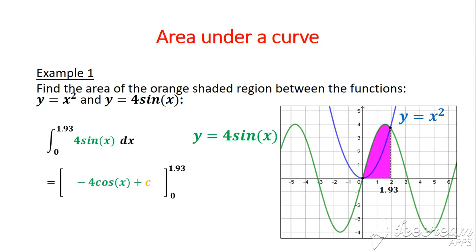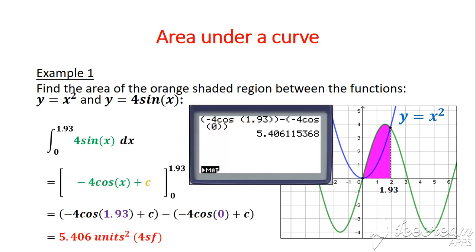When I integrate sine, I go back to negative cosine. So I get negative 4 cosine x plus my c between the boundaries of 1.93 and 0. Now, when I substitute in my upper boundary of 1.93 and substitute my lower boundary of 0, I'm working in radians, I'm going to get an area of 5.406 square units. And I've rounded that to 4 significant figures.